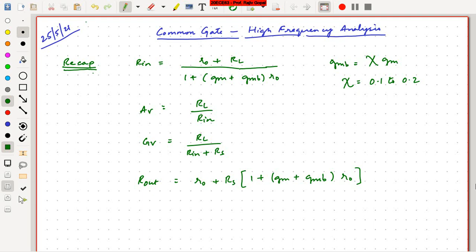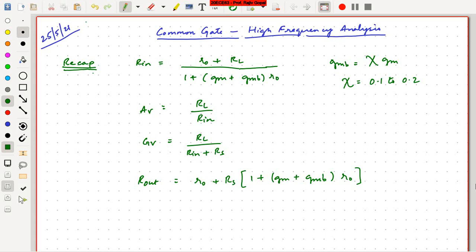When you take into account the body also, the drain current will have two components. One is due to VGS, that I will call GM into VGS, which you already know. The second component is GMB into VBS. VBS here is the body to source voltage, and GMB is the transconductance due to this VBS.